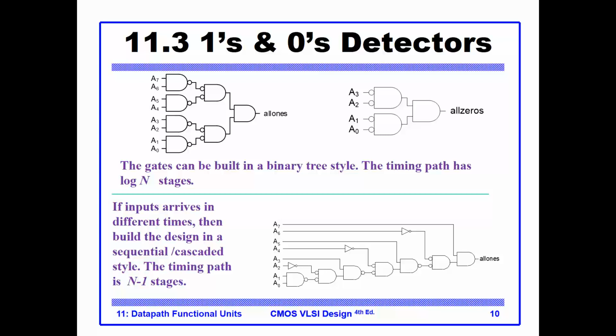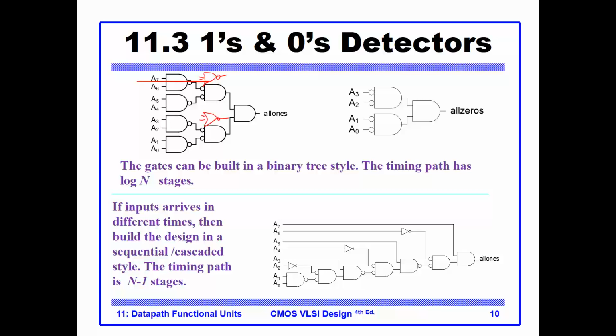Now, one of the circuits used for zero detect or one detect is this multi-stage circuit. You see here, he's using NAND gates followed by NORs. These are NOR gates.